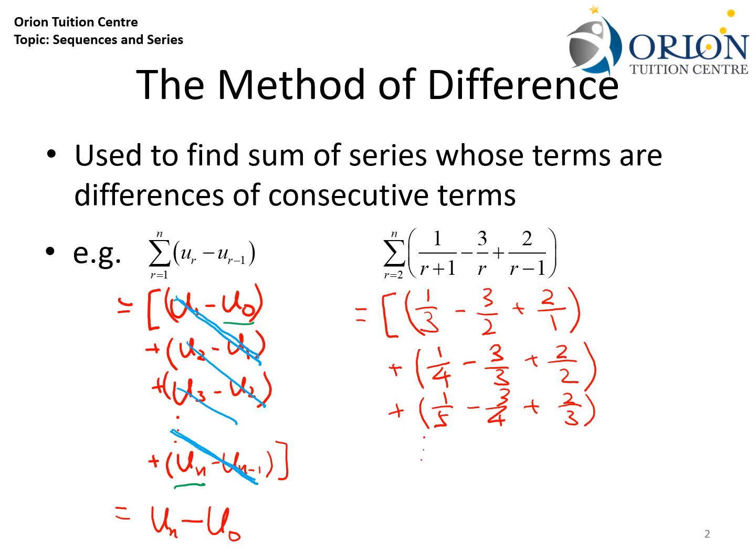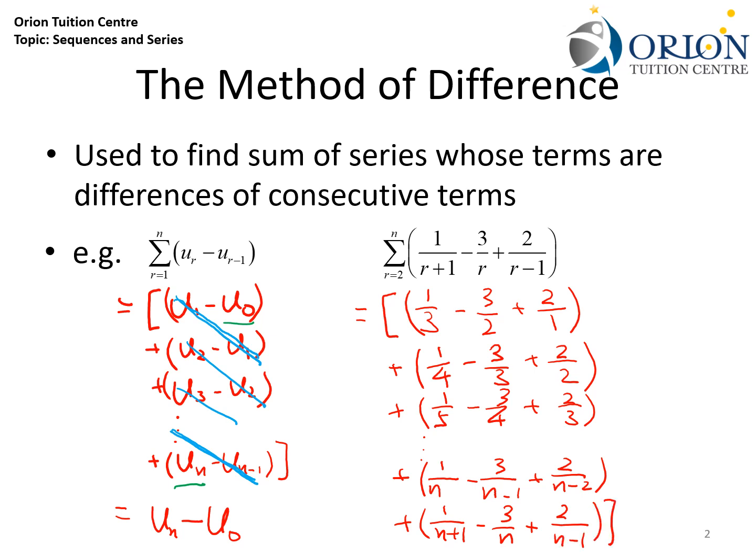And if we write down the last two terms, we will have 1 over n minus 3 over n minus 1 plus 2 over n minus 2, and finally 1 over n plus 1 minus 3 over n plus 2 over n minus 1.